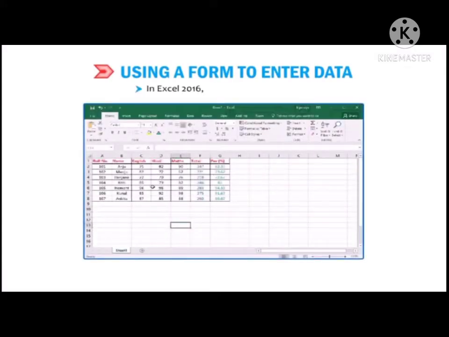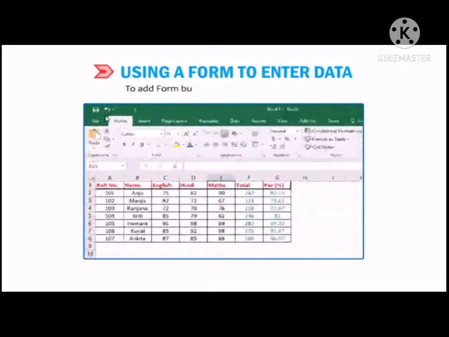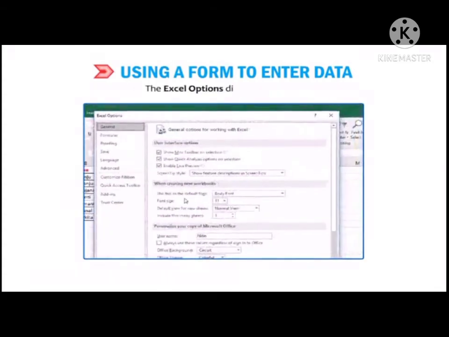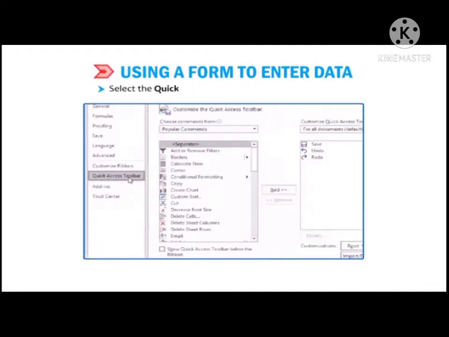In Excel 2016, the Form option is hidden. To add the form button, select the File and Options. The Excel Options dialog box opens. Select the Quick Access Toolbar option in the left pane.